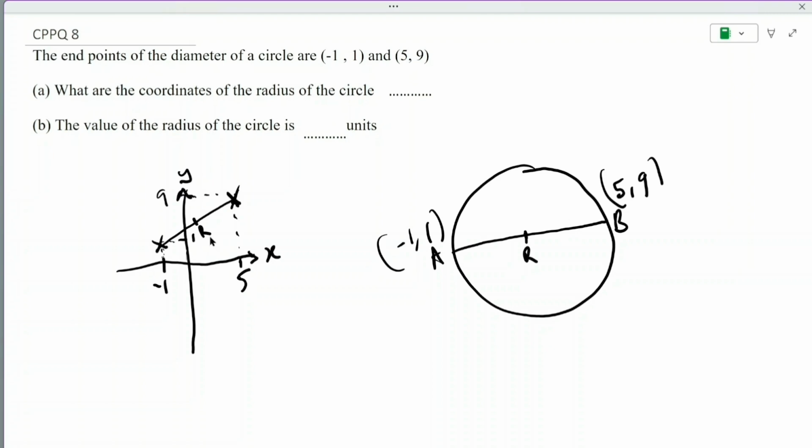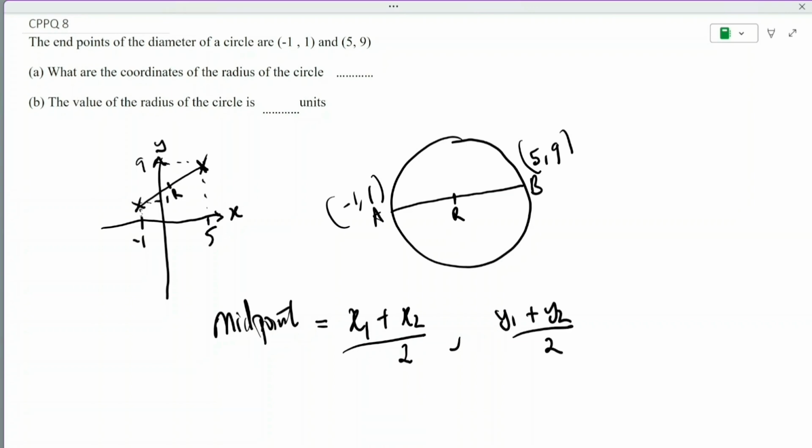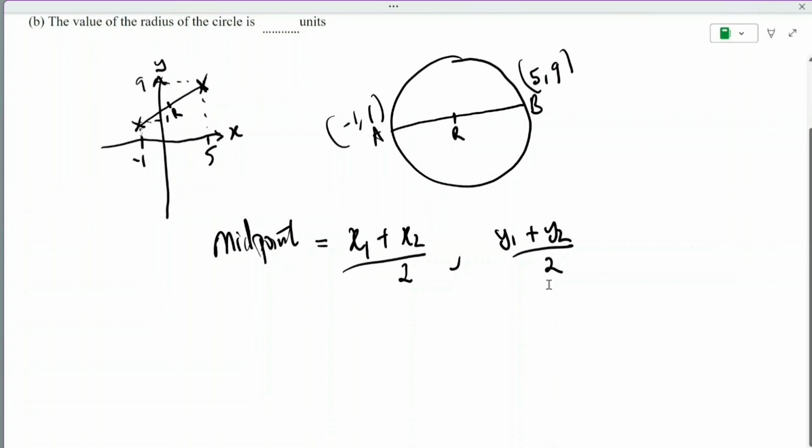To find the coordinates of the radius, which is the midpoint between the two endpoints that form the diameter, we have the formula for midpoint as (x1 plus x2) over 2, (y1 plus y2) over 2. This formula will help us find the coordinates of the radius, which is the midpoint between points A and B.